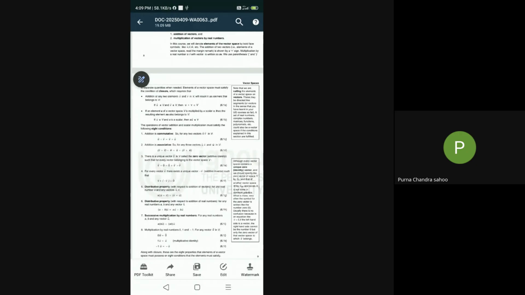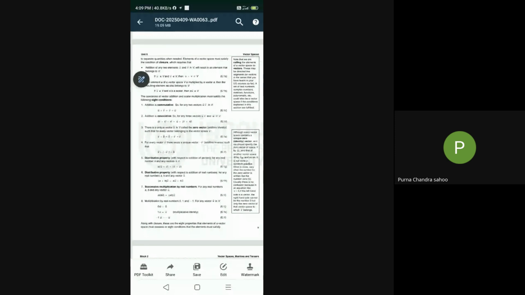First is commutative, second associative, third zero vector, fourth for every vector V there exists a unique vector minus V, that is additive inverse, then distributive property, then distributive property with respect to addition of real numbers. Then successive multiplication by real numbers, then multiplication by real numbers 0, 1 and minus 1. And all are shown on the screen. You can go through it and if you have any doubt, please ask.